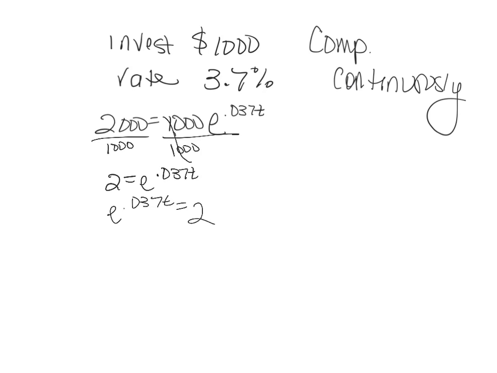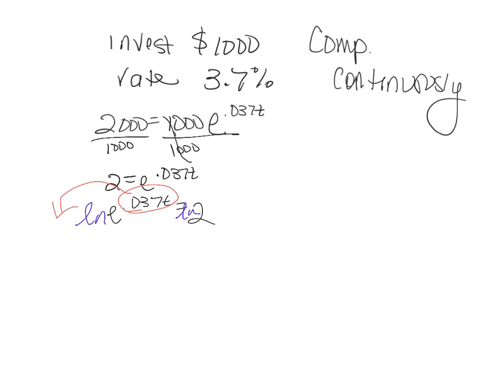You can convert to log form from here, but it's easier to do the natural log, which means I'm just going to put the natural log there. But whatever I do to one side, I must do to the other. So I have the natural log of e to the power of 0.037t equals the natural log of 2.